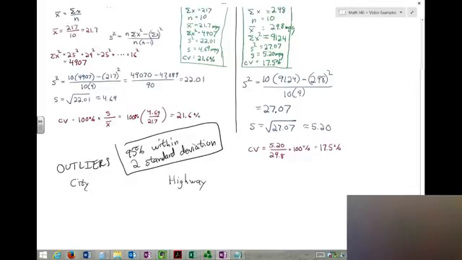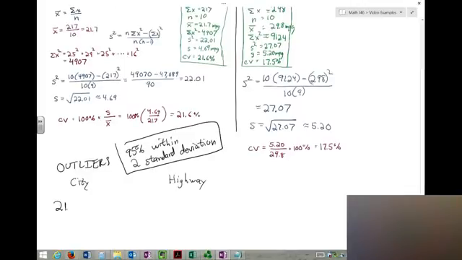So for the city, that's going to be 21.7 miles per gallon plus or minus 2 times the standard deviation of 4.69.